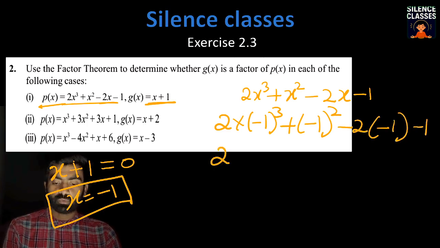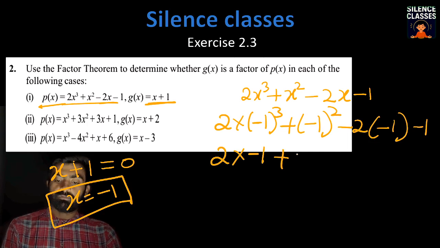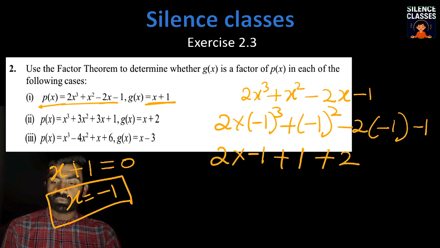So we will get 2 multiplied by 1 multiplied by 1 multiplied by 1. I have told you that if there is a negative number and the power is odd, we will always get the answer in negative. So we will get 2 multiplied by minus 1, plus, if the power is an even number, we will get a positive answer, so we will get 1, minus minus will become plus, and 2 ones are 2, minus 1 equals 0.